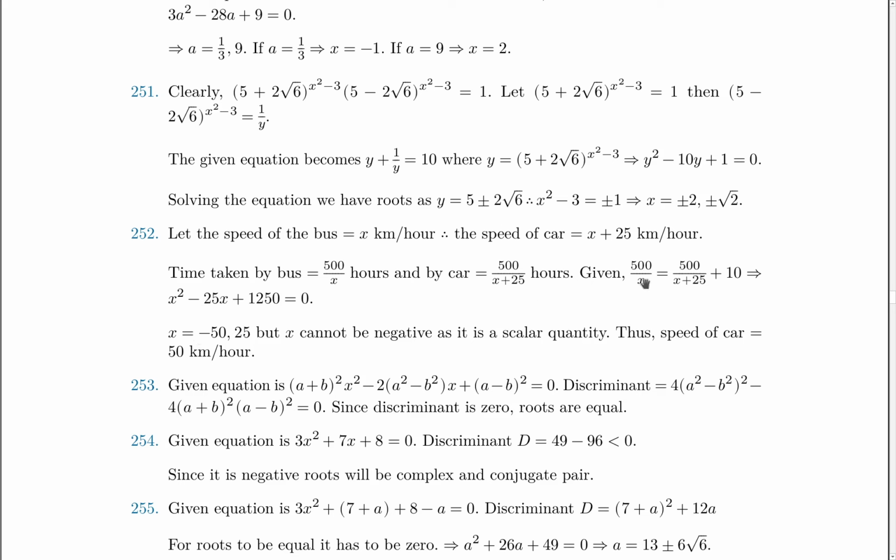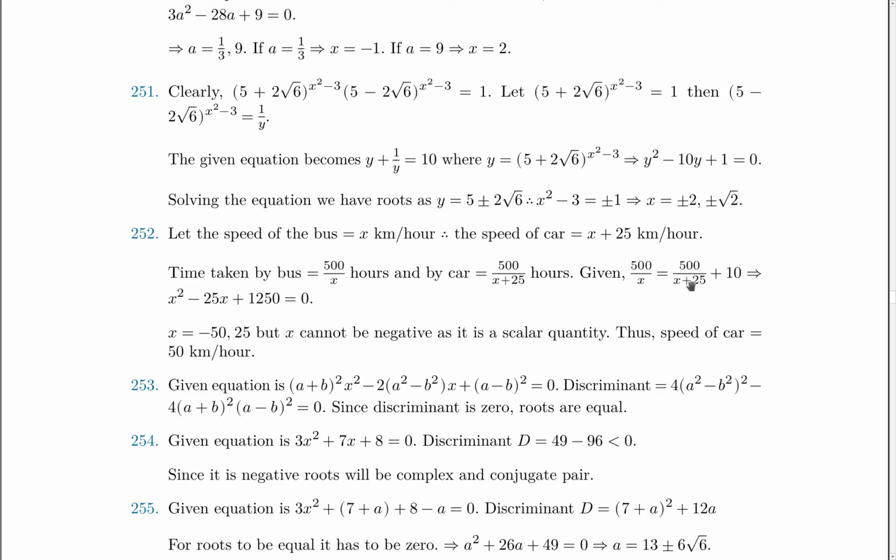Okay, let's do a quick calculation. We bring this to this side, so it would be 500 by x minus 500 by x plus 25 is equal to 10. We can cancel the 10, so 50 by x minus 50 by x plus 25 is equal to 1. Multiplying with x plus 25 and x, 50 times x plus 25 gives 50x plus 1250, and the 50x will get cancelled.